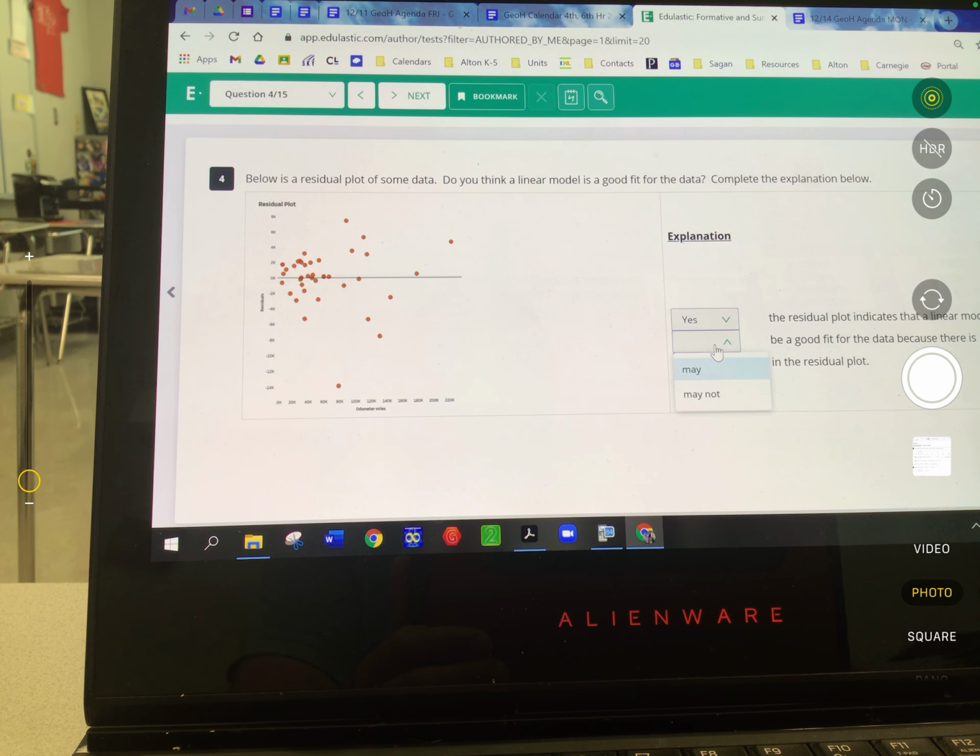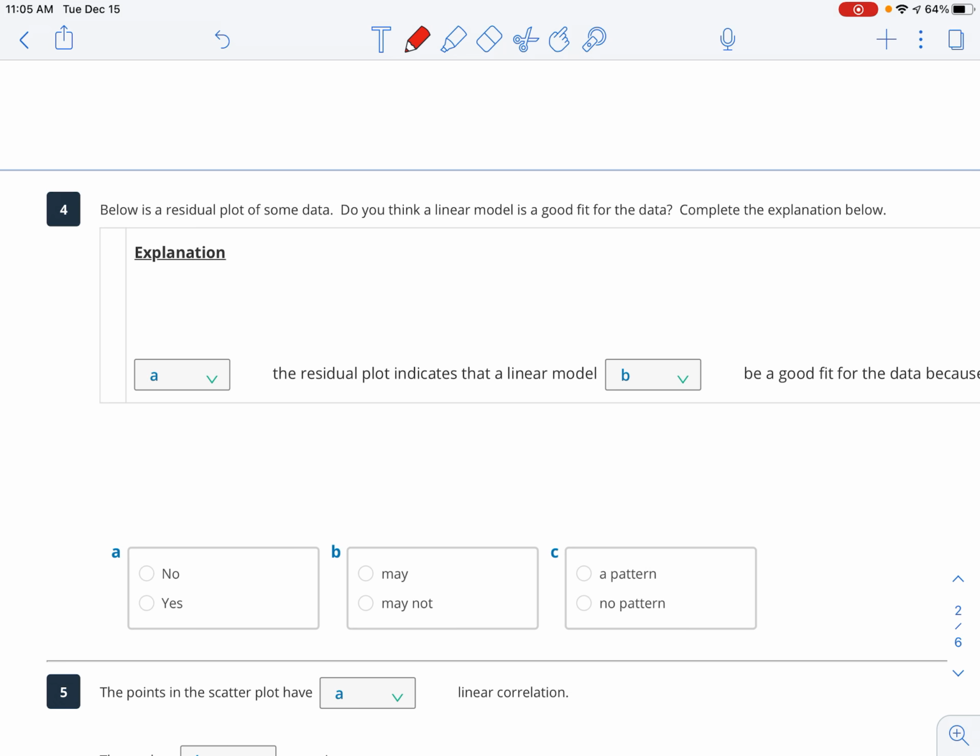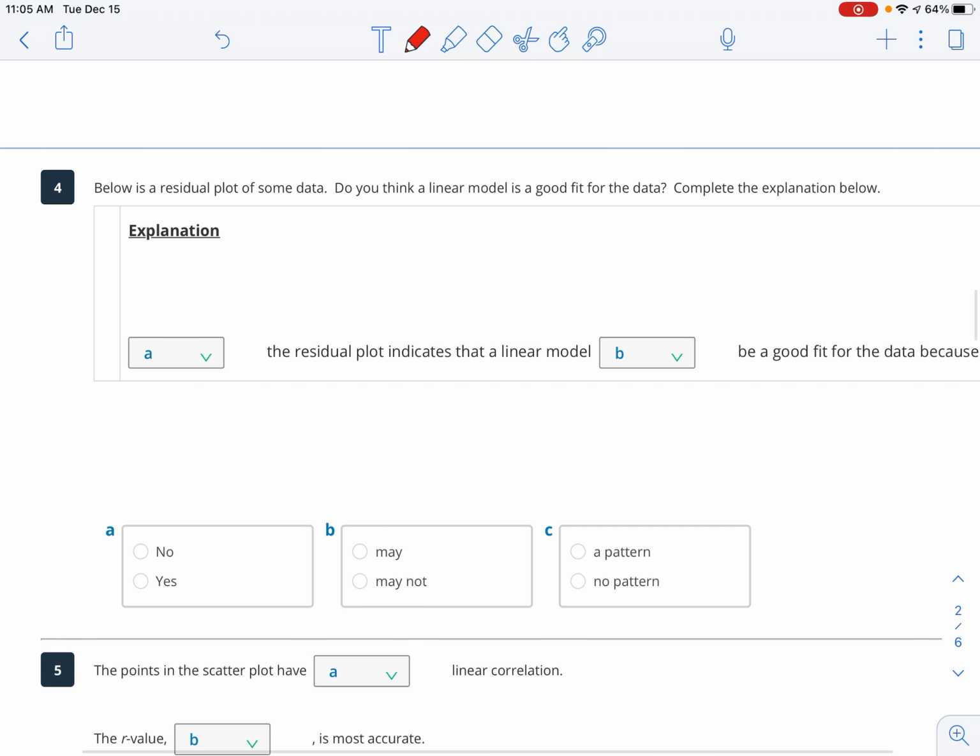So yes, it may be a good fit for the data because there is no pattern in the residual plot. Let me go back to my notes. And we said yes, it may be because we have no pattern here.